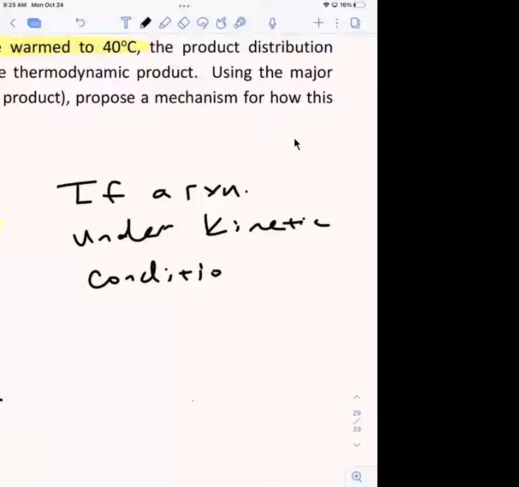So under kinetic conditions, the product you get may be less stable than the thermodynamic product. But if you introduce more energy, that less stable product will much rather be the thermodynamic product. So it can interconvert. So you can induce reversibility, if that makes sense to you.